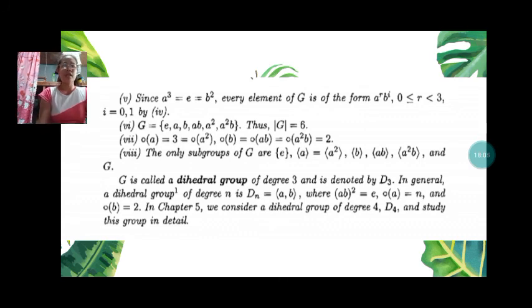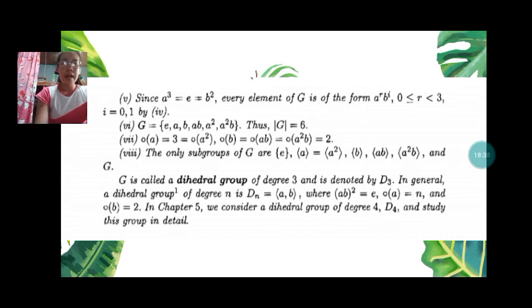So here in 4, it says that I is equal to 0 and I is equal to 1. So, number 6, G is equal to the set of E, A, B, A squared, and A squared B. Thus, the cardinality of G is equal to 6. So, we have a cardinality of 6. We can count them: 1, 2, 3, 4, 5, 6.